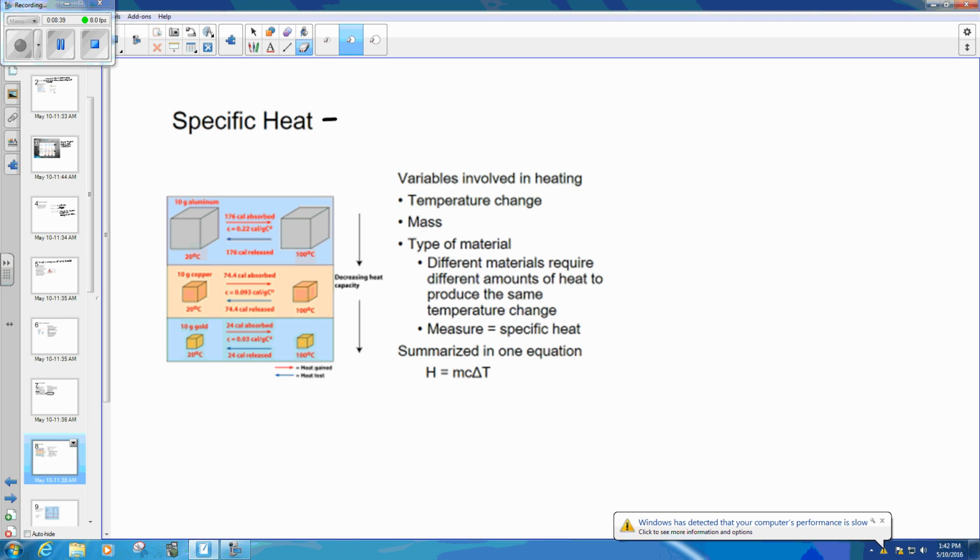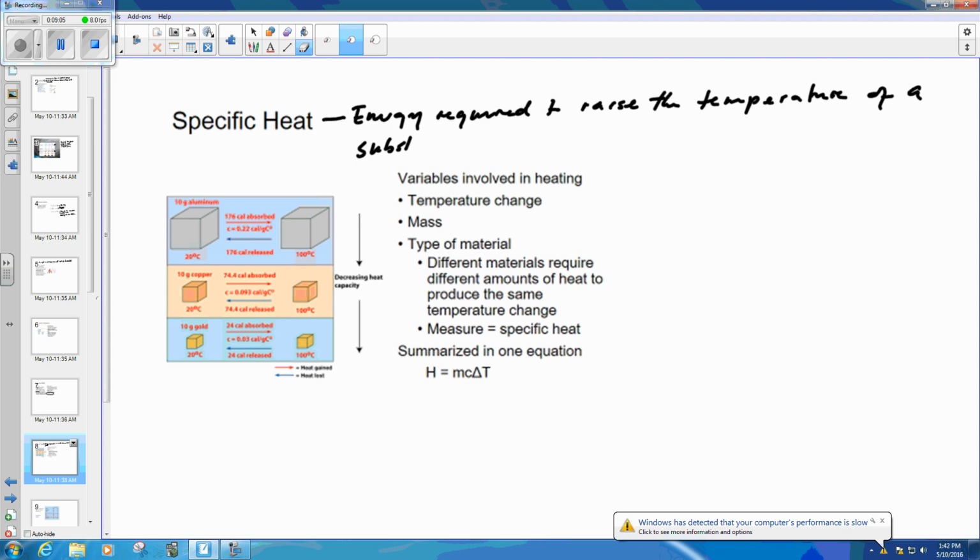The specific heat is the energy required to raise the temperature of a substance by 1 degree Celsius.